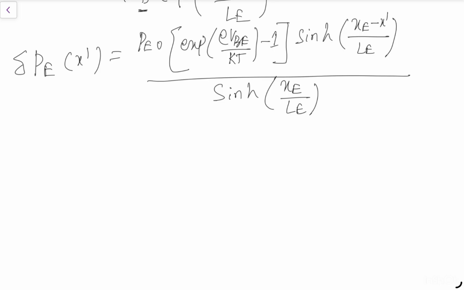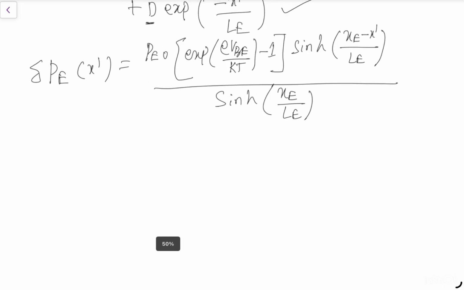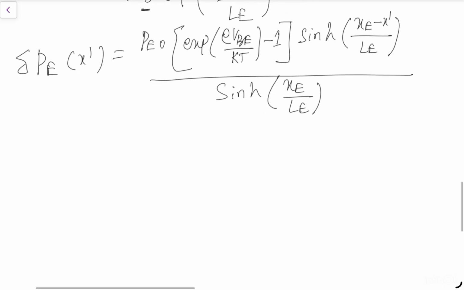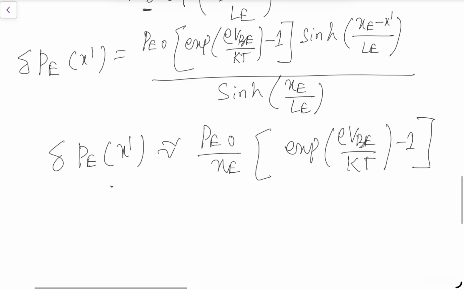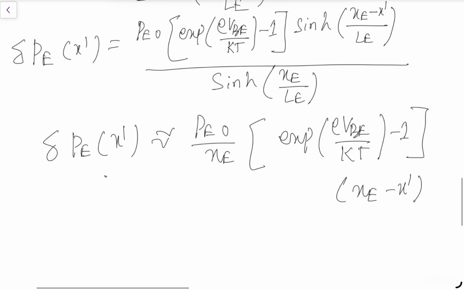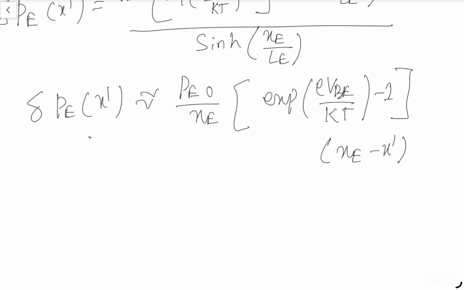So in that case we can rewrite it as delta PE(x') approximately equal to PE0 divided by xe, times exponential of eVBE divided by kT minus 1, times (xe minus x'). Exactly the same process we have done in the previous video for minority carrier concentration.